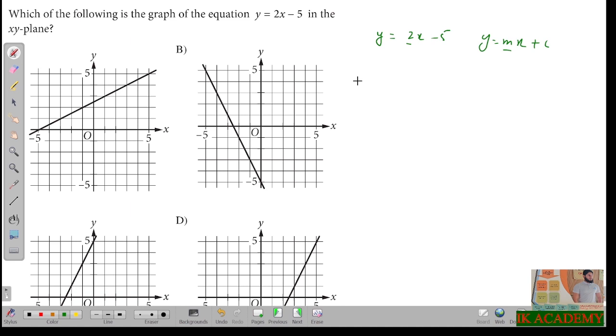So I can say, by comparing both the equations, here 2 is the slope and c is the y-intercept. Here minus 5 is the y-intercept.